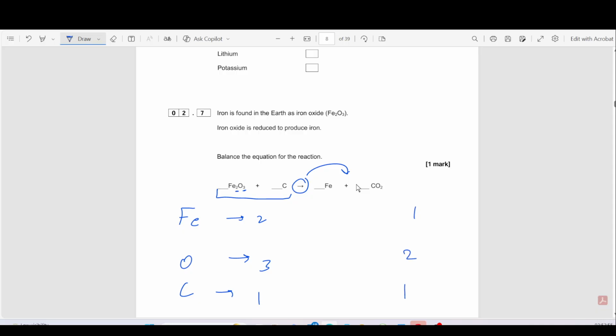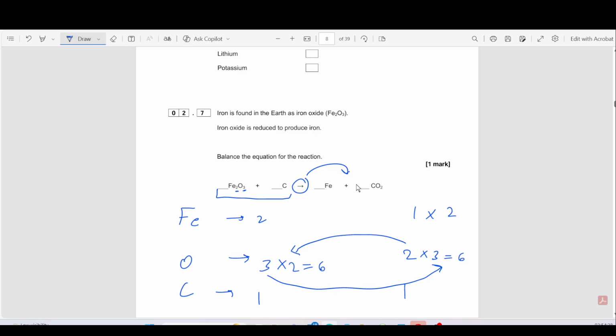Now to balance, because I want 2 iron on this side, if I multiply it by 2, this will become 2 also, right? Similarly, this is 3, this is 2. If I multiply this by 2, this will become 6, and this by 3, this will become 6. So basically I multiplied the first one with the second number and the second one with the first number.